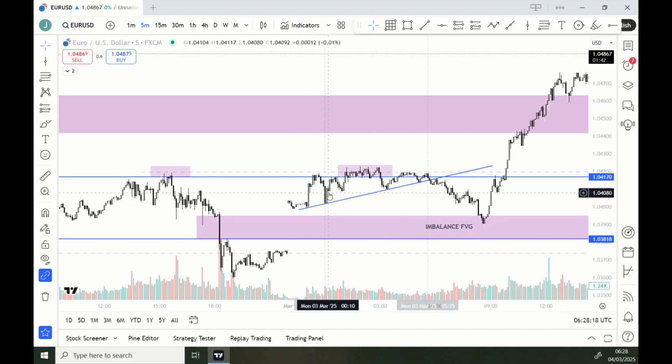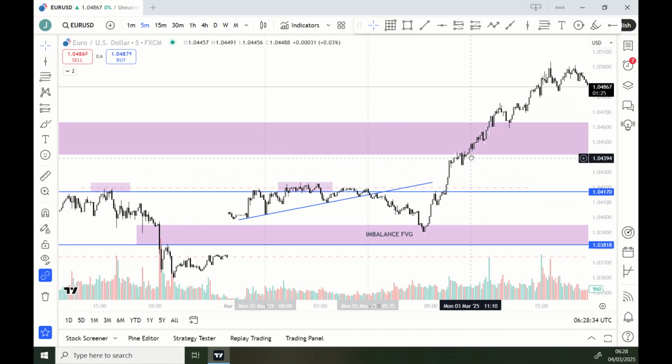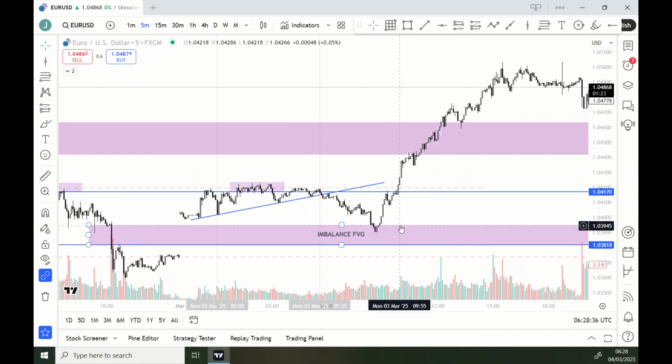So what happened? Price was building up, building up, building up, and I did anticipate price to come down, fill this imbalance right here, and then this is the 1 hour imbalance, and then push straight up. So I set an alert yesterday because I had to go to work, and as I spoke about in my last video, work does get in the way of my trading, so I have to set alerts, and not all the time could I place an order at the time it goes off.